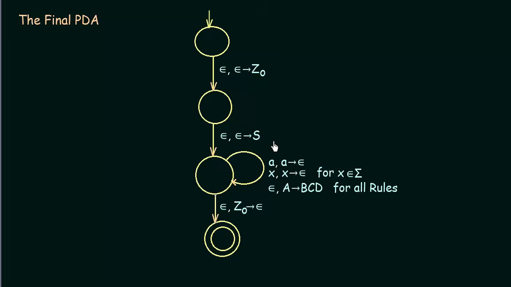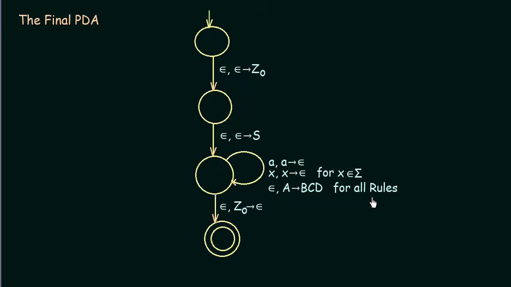So we first push the starting symbol, and then we come to this transition where we have many rules over here. These are the rules that we just studied before. So if we have a terminal, then we have to advance the input, and we have to pop the terminal symbol, and we don't have to push anything onto the stack. So this is for all the terminal symbols. And then what about rules?